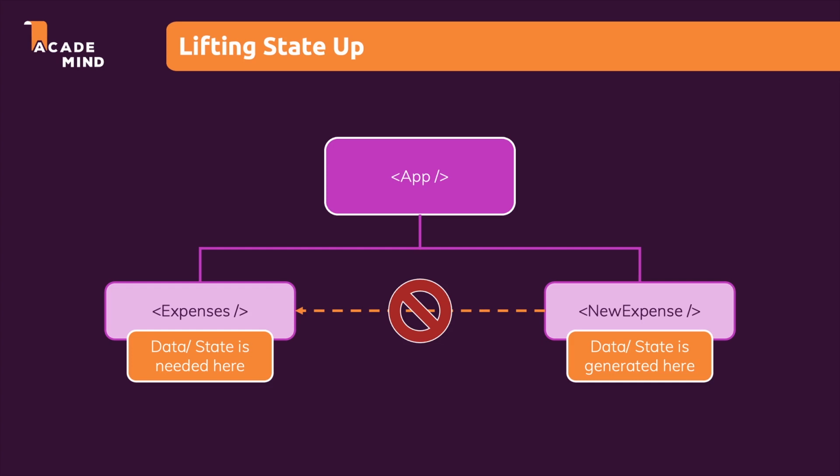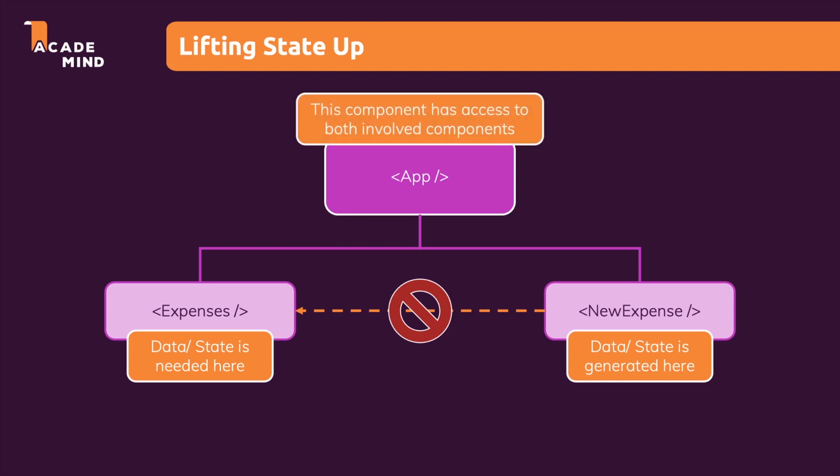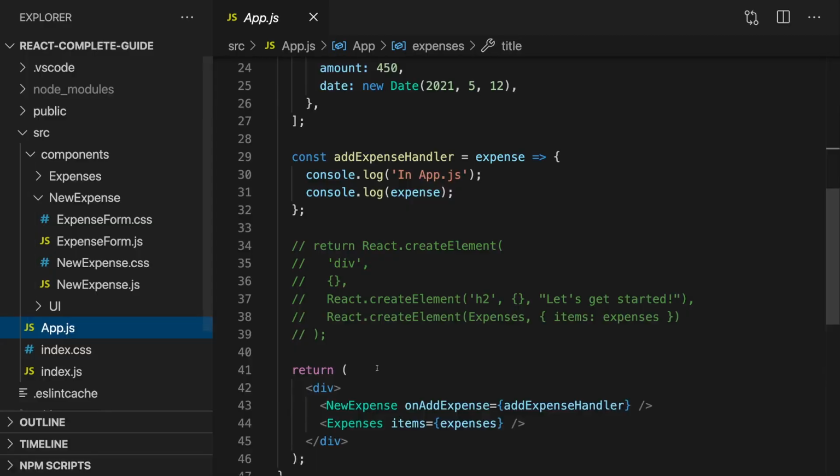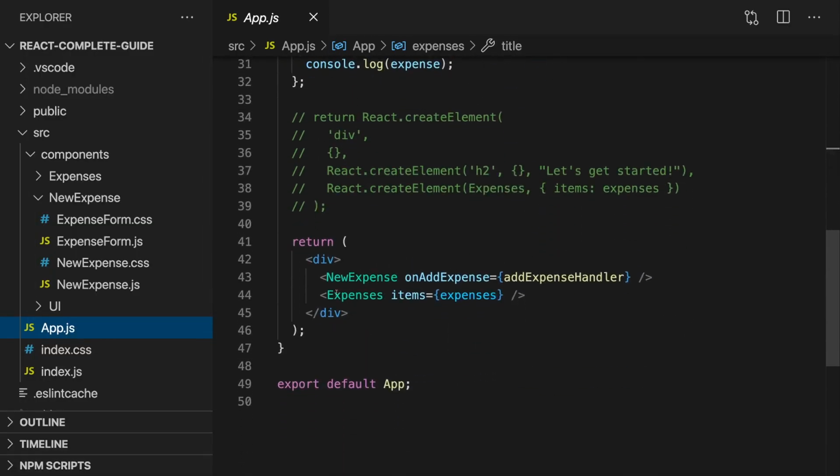That's why in such cases, like we have it here, we utilize the closest parent component, which has direct or indirect access to both involved components. In this case, the app component. The app component in our application has access to both the new expense and the expenses component because it renders both components in its returned JSX code.